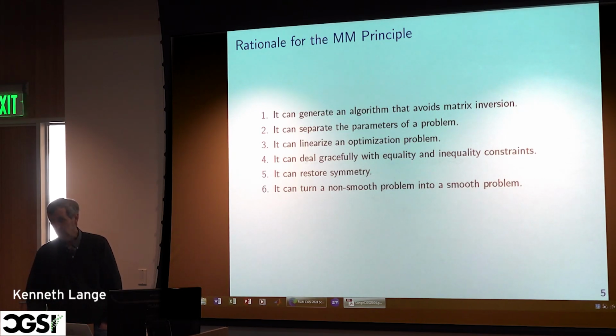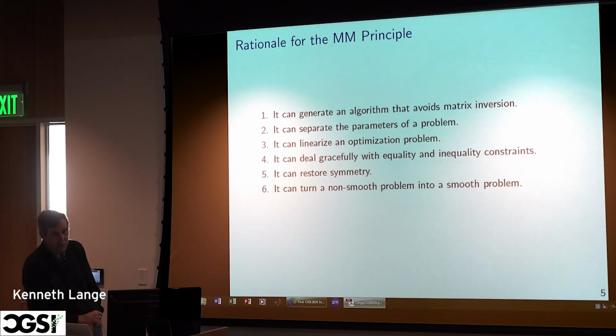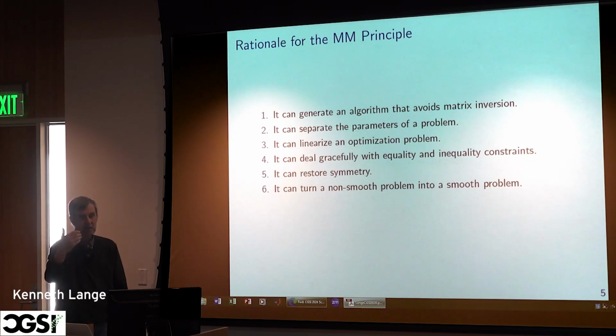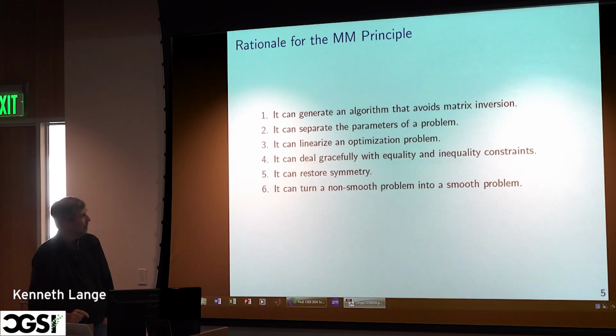That can be expensive. Now, MM can help you separate the parameters of a problem and turn the surrogate function into a parameter-separated function that you can optimize one parameter at a time in parallel. So you could put these things on multiple CPUs or GPUs.